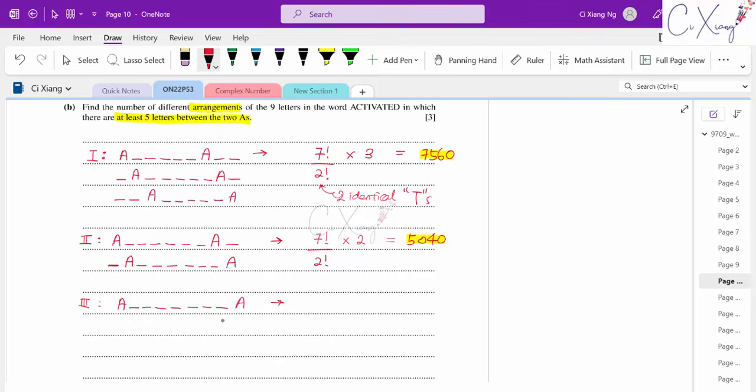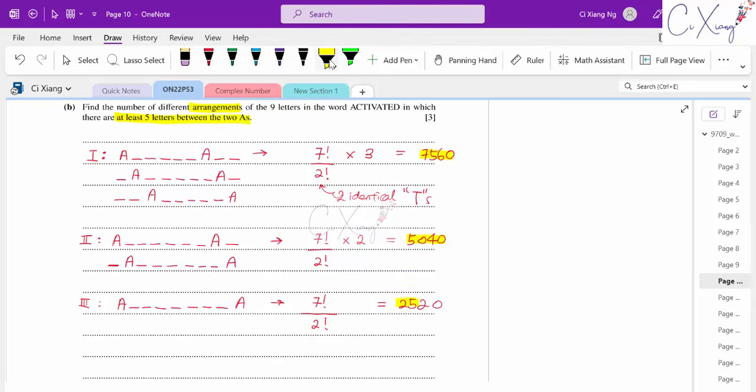So for this case, I have to arrange the 7 remaining letters, which is 7 factorial. Then out of the 7 letters, I also have the 2 identical T's. Therefore, I divide it by 2 factorial. So from here, I get 2520.